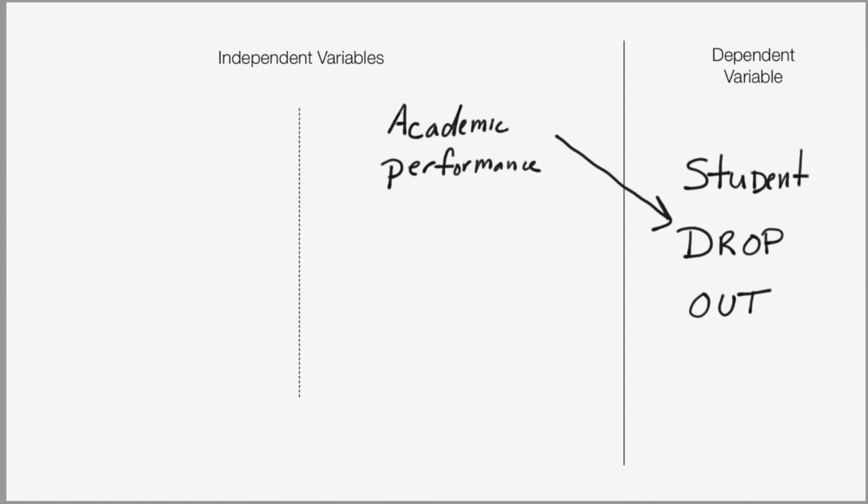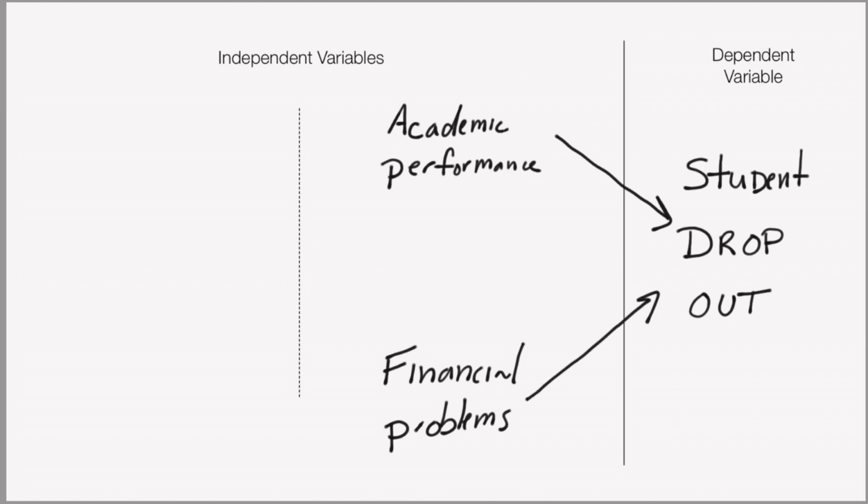That is, students who don't perform well academically aren't going to be successful and be able to return to college. We might also hypothesize that financial problems, perhaps family financial issues or financial aid issues, also lead to students leaving the university.